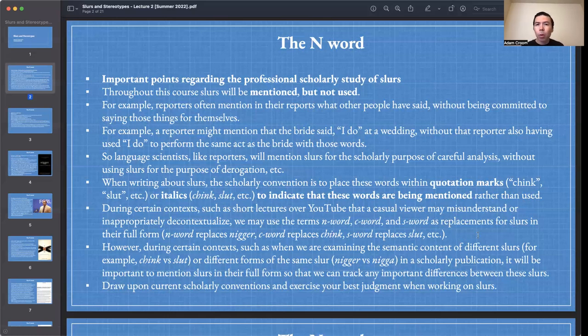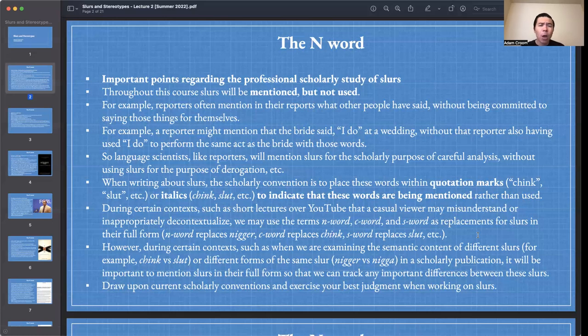So, for example, there may be variations in the usage of a slur between in-group and out-group members, right? So we see that there's a variation of the N-word that's used by in-group speakers and another variation of the N-word that's used by out-group speakers. And if we just used N-word instead of spelling out the full slur, we would fail to appreciate the distinctions between in-group and out-group variants.